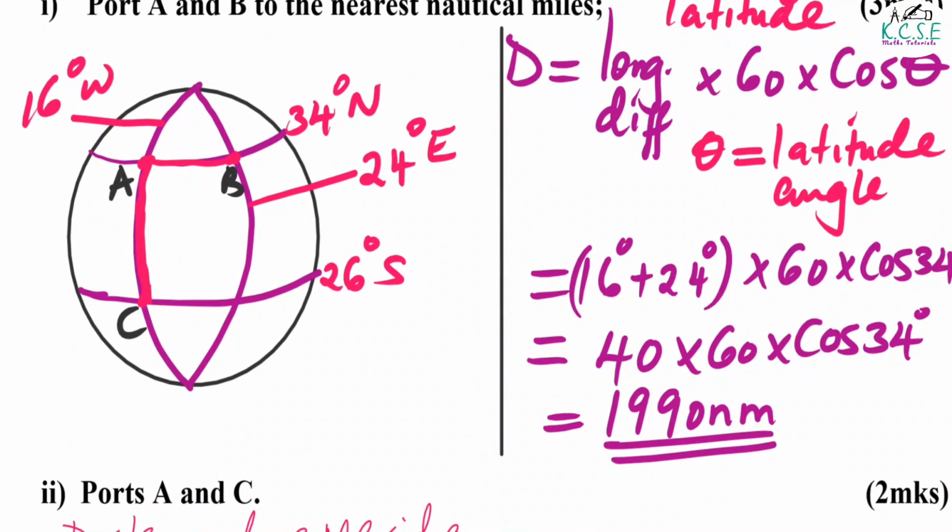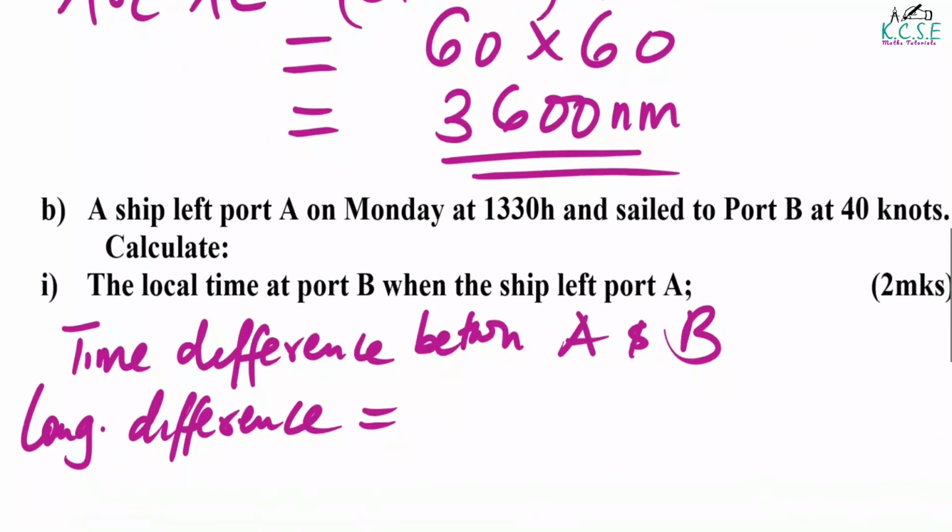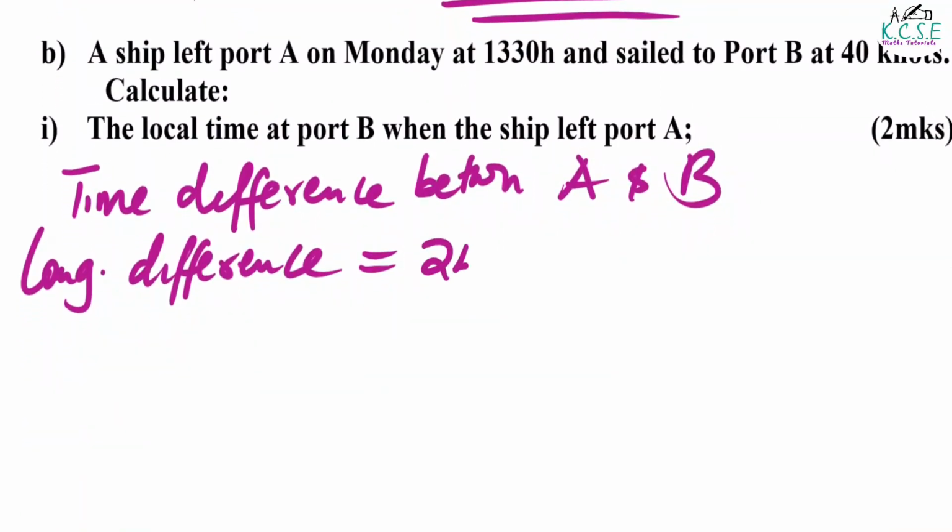One is 16 degrees west, that is A, and B is 24 degrees east. So the longitude difference will be 24 degrees plus 16 degrees. So this gives 40 degrees. When you're getting the longitude difference, you can see A is to the west and B is to the east. So to get the difference, you add, and that is 40. So that is the longitude difference.